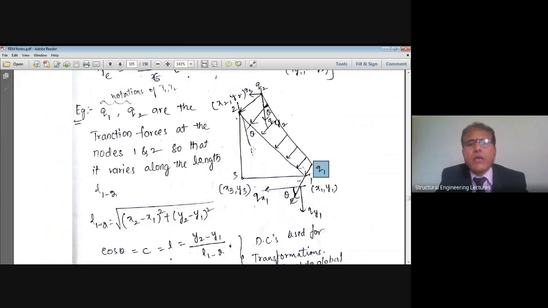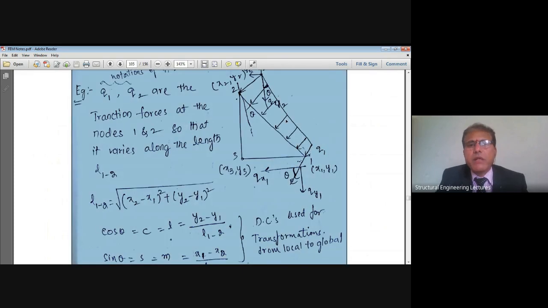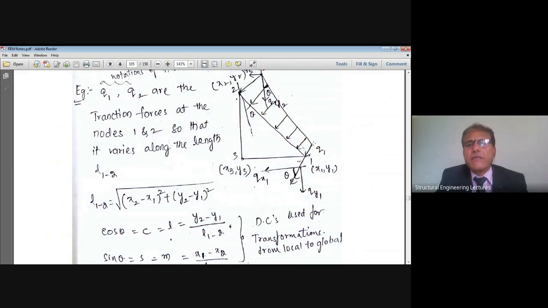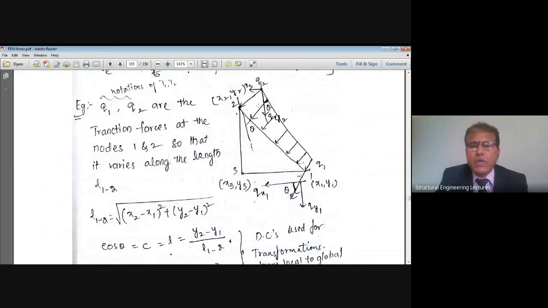Or sometimes what may be given is that q1 and q2 are inclined at an inclination of theta with respect to the horizontal. This q1 makes an inclination of theta with respect to the horizontal, and similarly q2 may also make an inclination of theta with the horizontal.